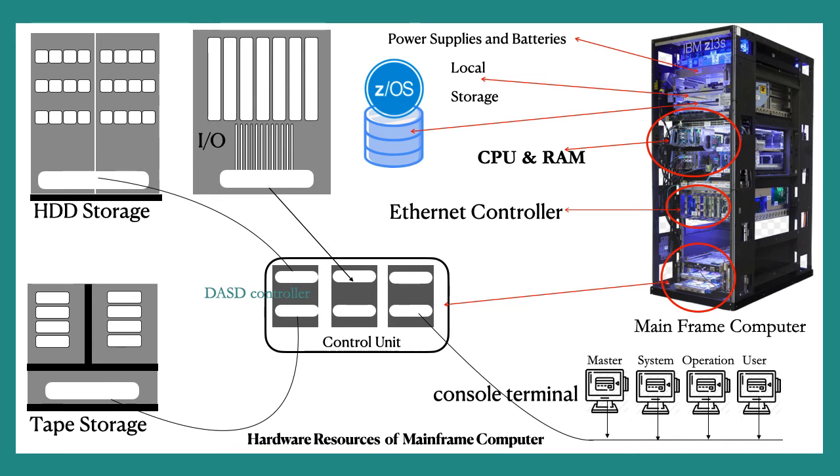And in the middle bottom, you can see the Ethernet controller. Of course, for the internet, you can see there's a lot of Ethernet ports. Nowadays, there are a lot of high-speed networking cables inserted here.